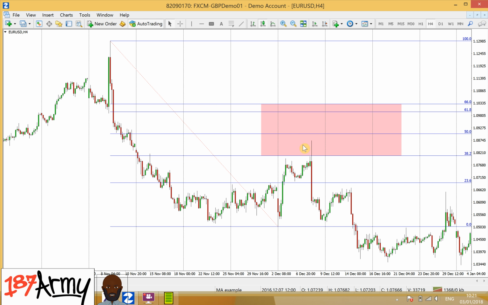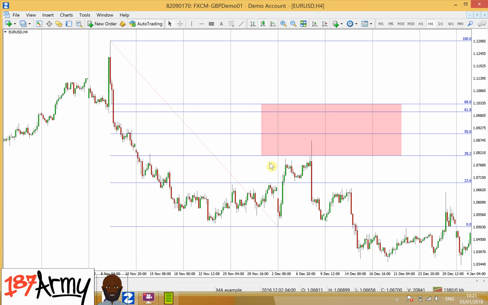So if you enter a trade for the downside, it can be used as a target for where you expect price to reach. It can be used as a means to add to your position, and it can be used as a way to trail your profits loosely, so that the trade can be given room so that you can make more profits.